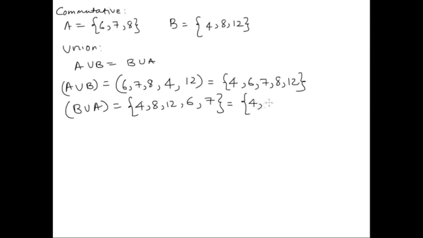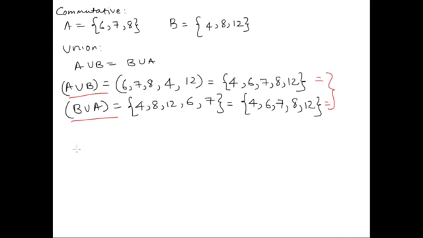So that's 4, 6, 7, 8, and 12. As we can see, these two here are the same, right? So this proves that A union B is always equal to B union A.